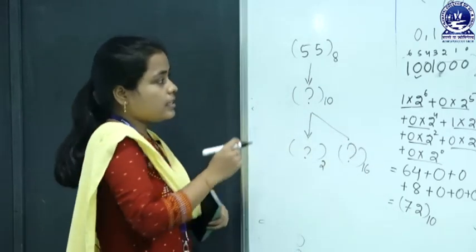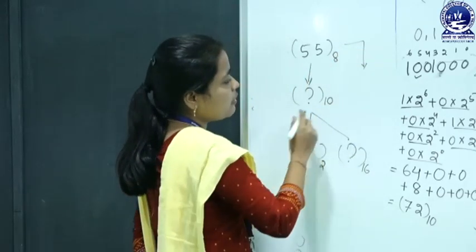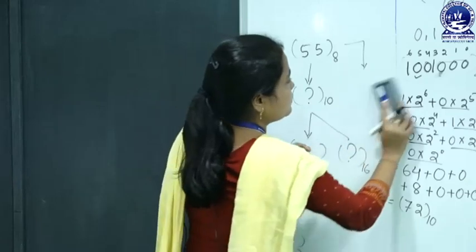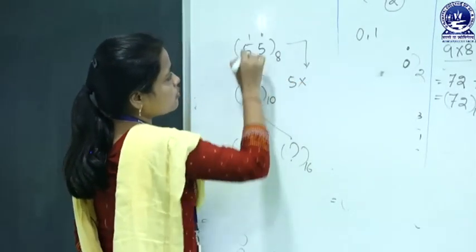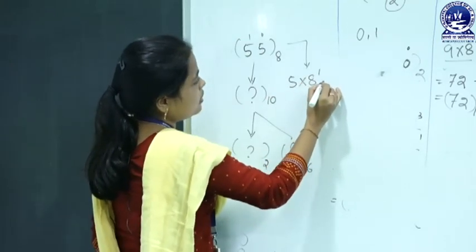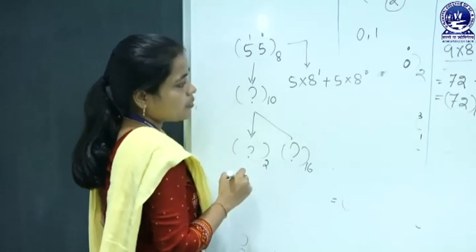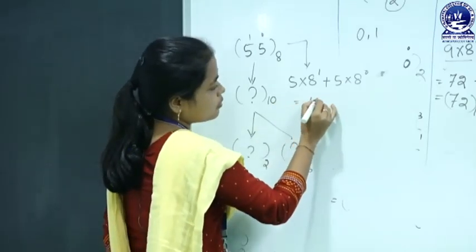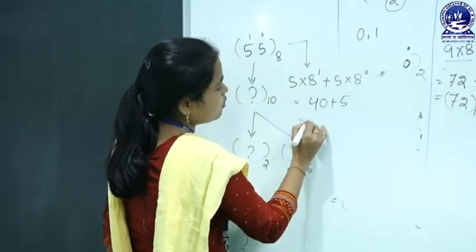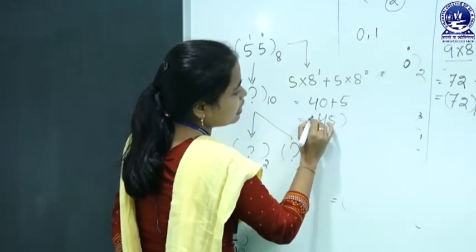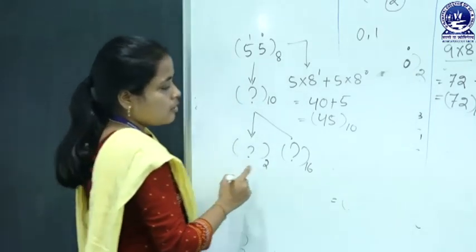Let us see how. For 55, what will be the value in decimal? 5 into 8 to the power 1 plus 5 into 8 to the power 0. So it will be 40 plus 5. The decimal value is 45.